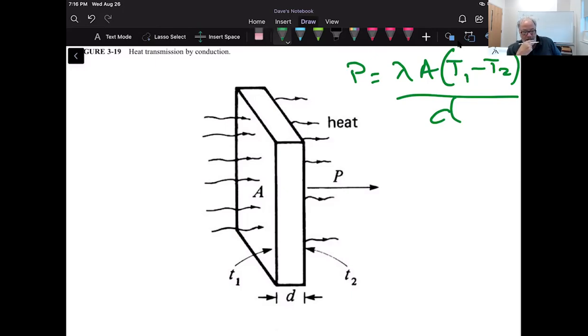And so if the area is 200 square centimeters and the thickness is 3 millimeters, calculate the heat flowing through the sheet in watts. Okay, so we've got the formula to do that.